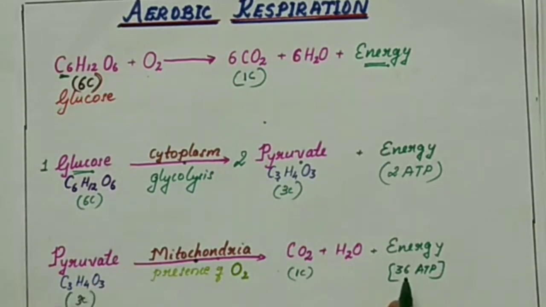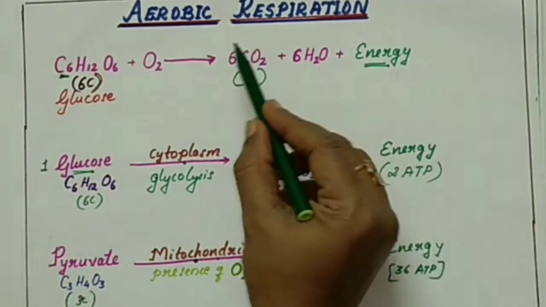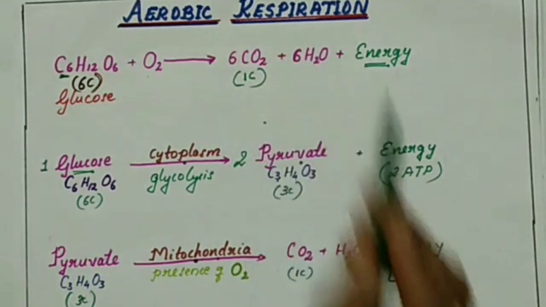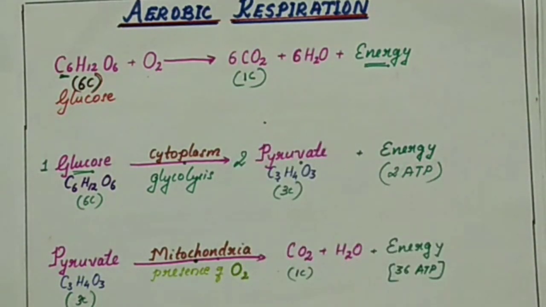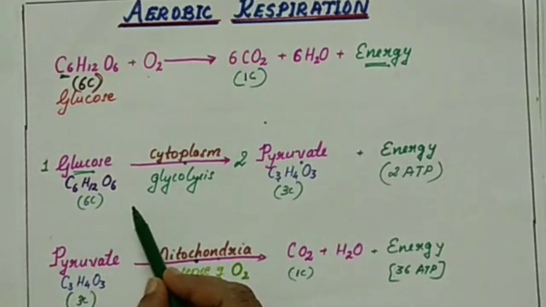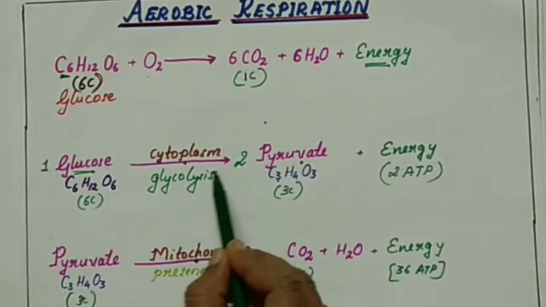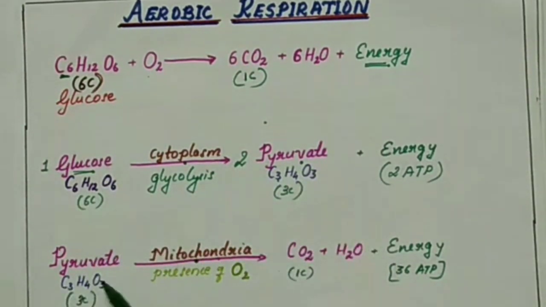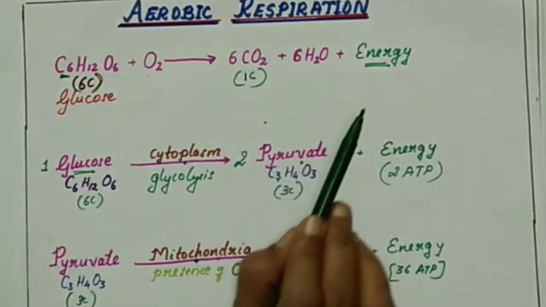So a total of 38 ATP molecules are released during aerobic respiration. This type of complete breakdown of simple assimilated food with the help of atmospheric oxygen is known as aerobic respiration.